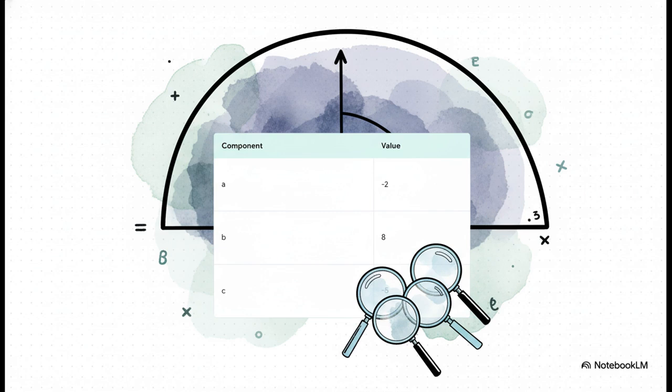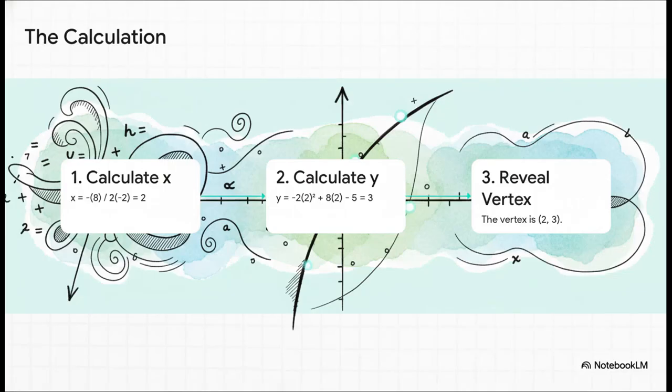It's the thing that tells us this parabola opens downward, which means its vertex is going to be the very highest point, a peak. We just follow the steps precisely. x equals negative b, so negative 8, over 2 times a, which is 2 times negative 2. That gets us negative 8 over negative 4, which gives us a positive 2 for our x-coordinate. We plug that 2 back in for x, do the math carefully, and we find our y-coordinate is 3. And there it is. The vertex is (2, 3).